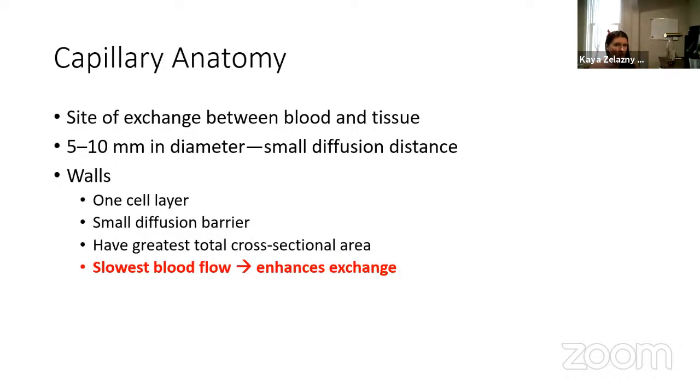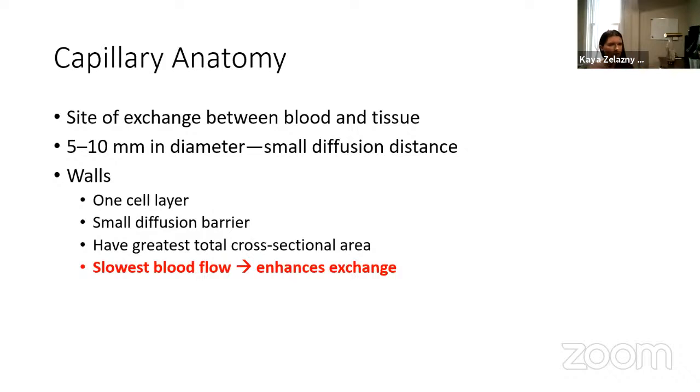And the reason that's important is that we want to think about the speed of the blood flowing through the capillaries. So we can kind of think of these arterioles carrying blood to the capillaries, and then think about it like a river spilling out into a lake, right? Our individual capillaries are small, but if you add them all together, they're like a really big lake.